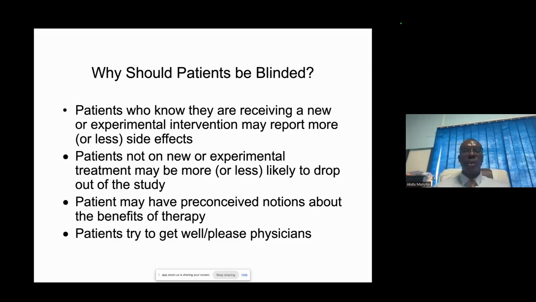Why should patients be blinded? The patient who knows they are receiving a new or an experimental intervention may report more side effects, for an example, or less side effects, because they know. And they might have other factors that may influence their decision to answer the relevant questions that are asked.